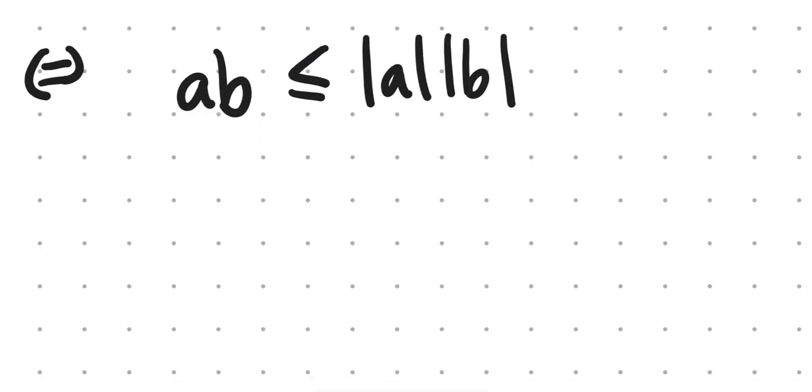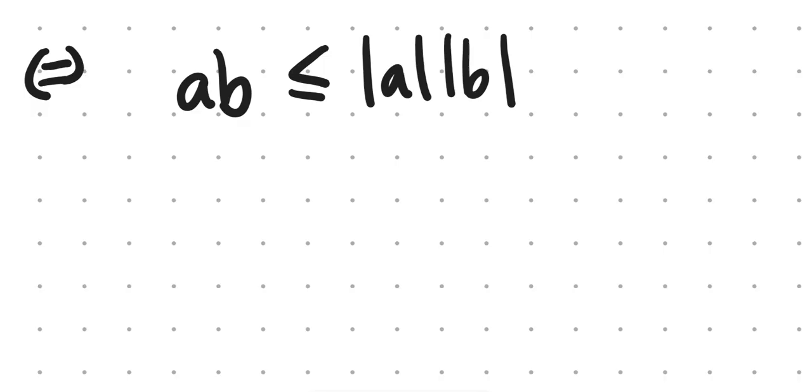Now we can use many different kinds of arguments. By definition, the absolute values of A and B are always greater or equal to 0, and only 0 if A or B is 0. For AB, we know that they don't have any absolute values, so they can be negative.